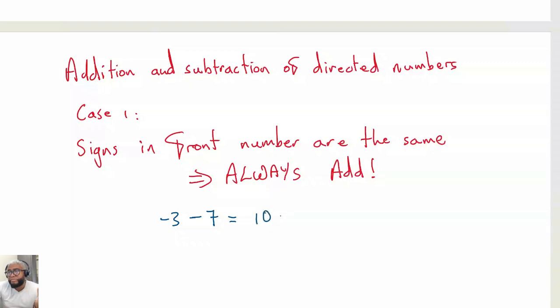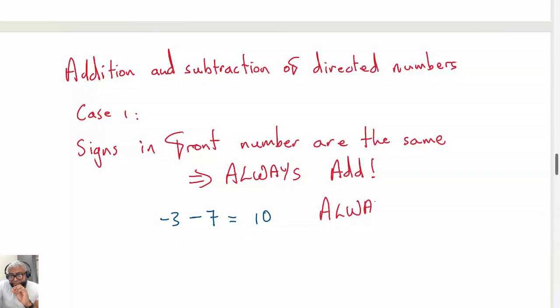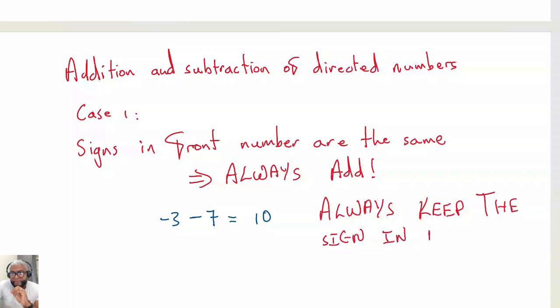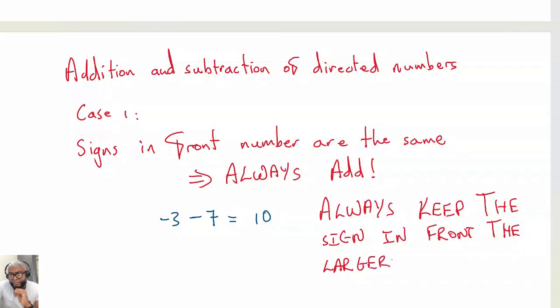But what sign do we put in front of the 10? This is where I say always look to the larger number. Always keep the sign in front of the larger number, right?